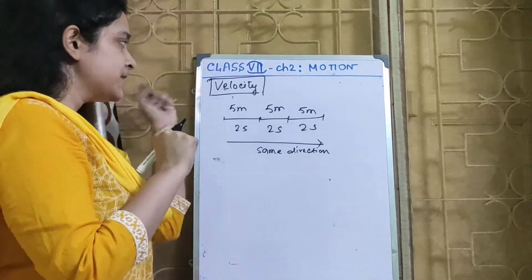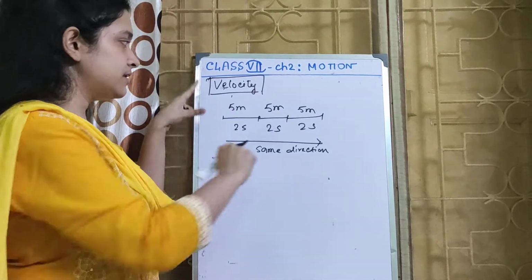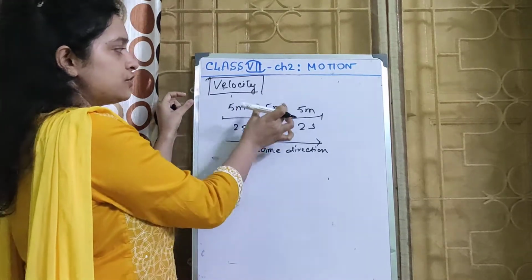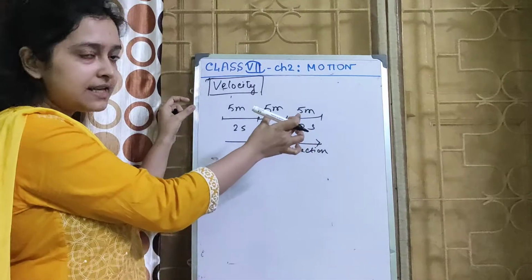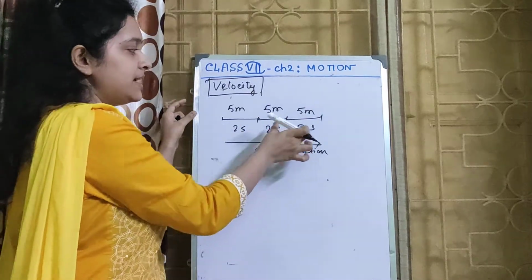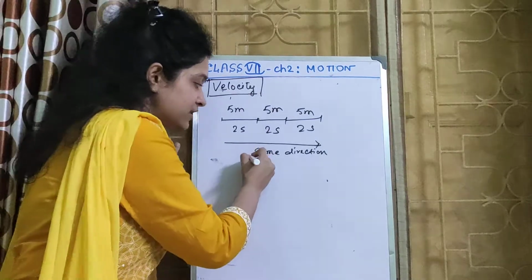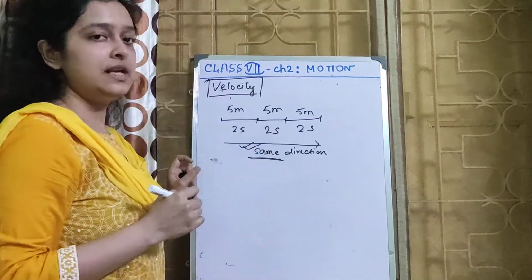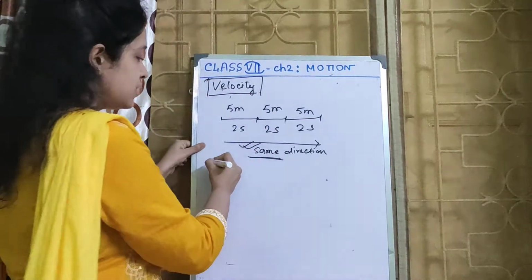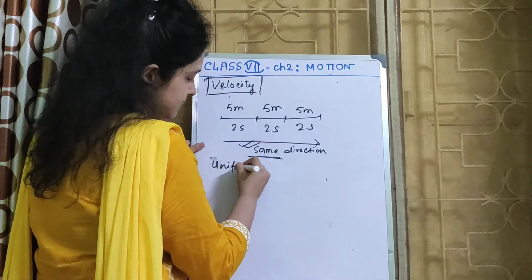That means the distance you are travelling in each time interval remains the same, as well as the direction. Then we call that uniform velocity.